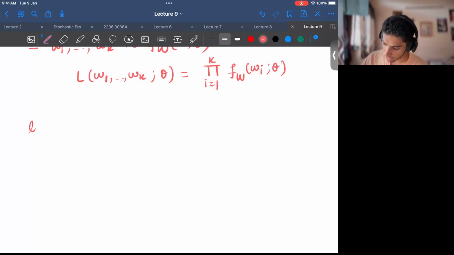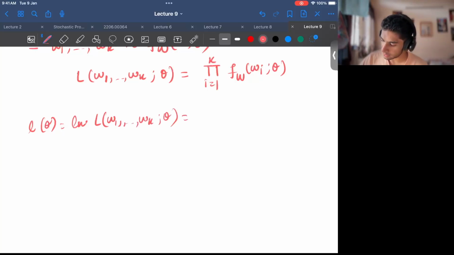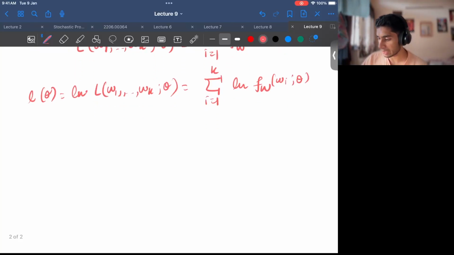Let me call it l of theta, which is nothing but log of L of W1 till WK given theta, which is nothing but the sum of ln f_W of Wi, theta, i equal to 1 to K.